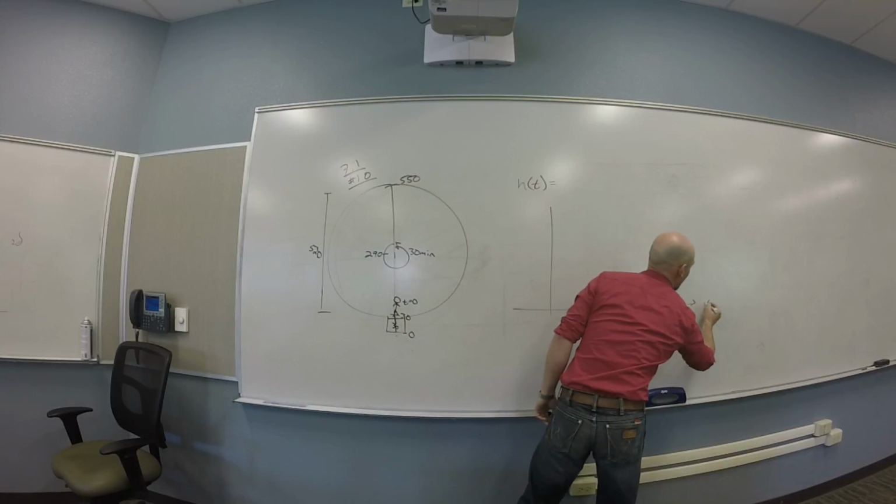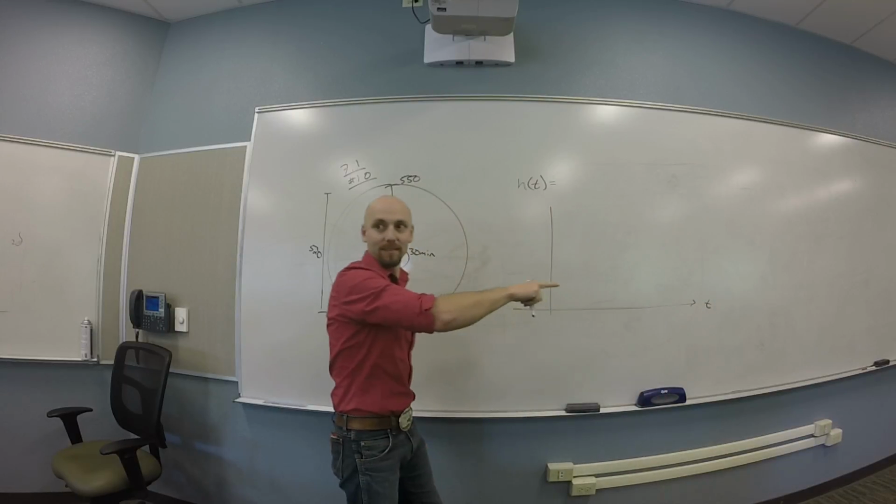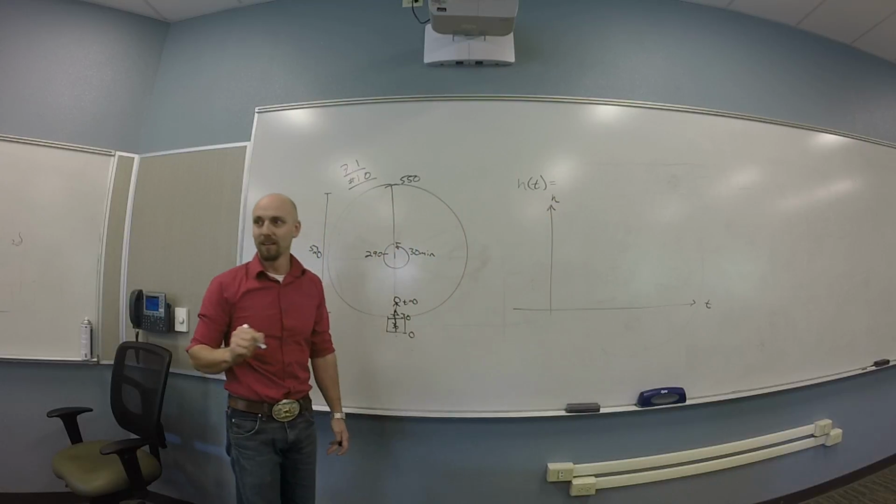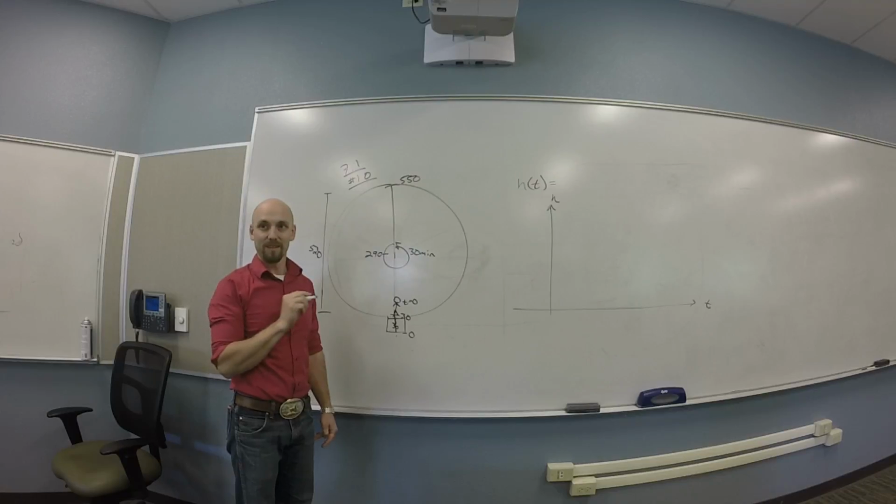Okay, so I'm going to put time on this axis and height on this axis, and then I'm going to try to draw h of t. This is a sine wave.